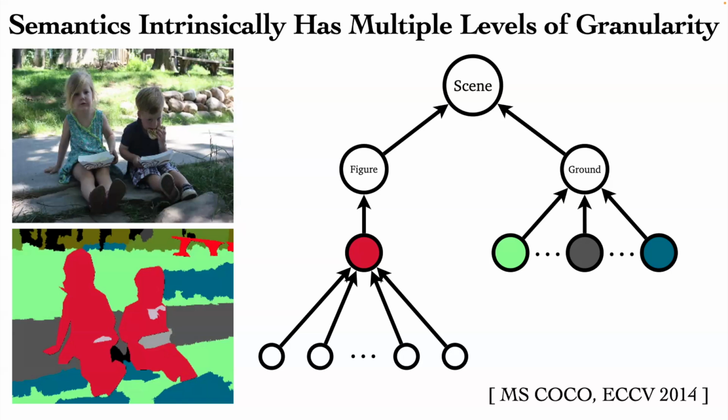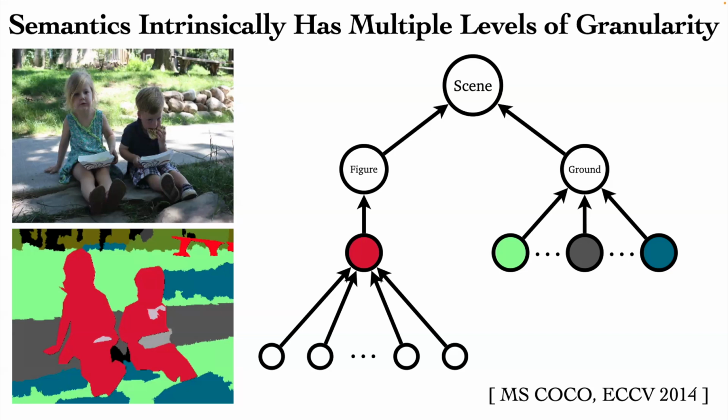Here's an example. You have this image in MS COCO. Maybe there is some inherent annotation tree. At the top level, it's an outdoor scene. Then you have figure and ground. Under figure, you have person, then body. Under ground, you have trees, bushes, rocks, curbs, and so on.